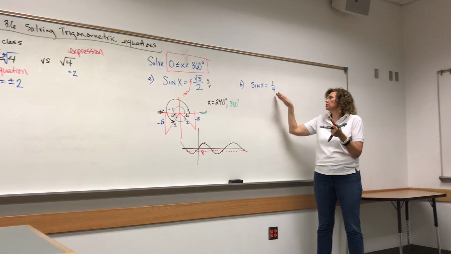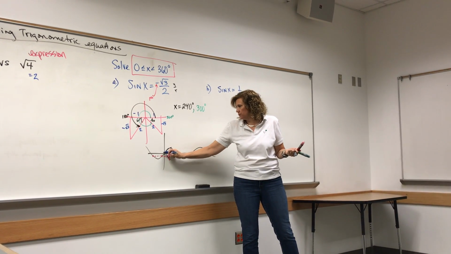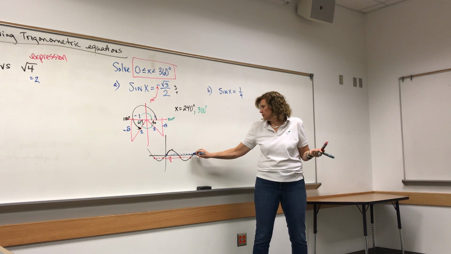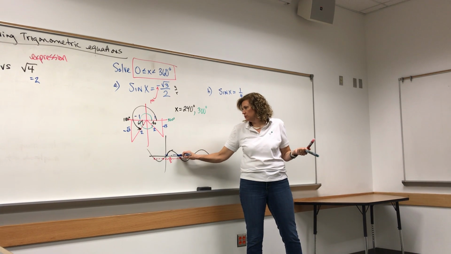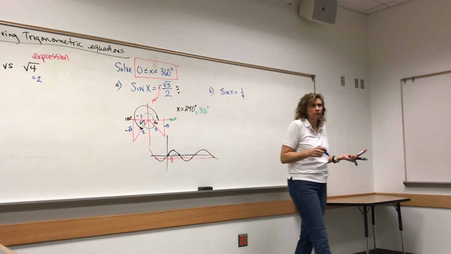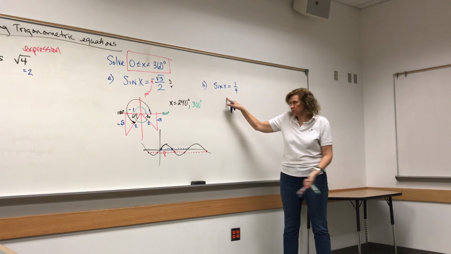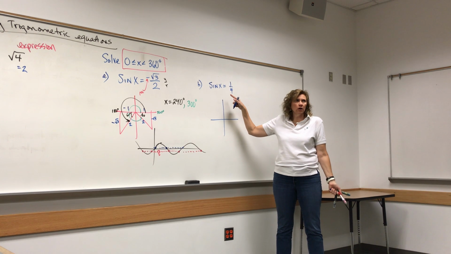Now the sine ratio 1/4. We can say, well, 1/4 is going to be here, it's going to be here. We're only wanting one revolution, so we're actually just looking for these two. If we draw a picture, where do I draw?